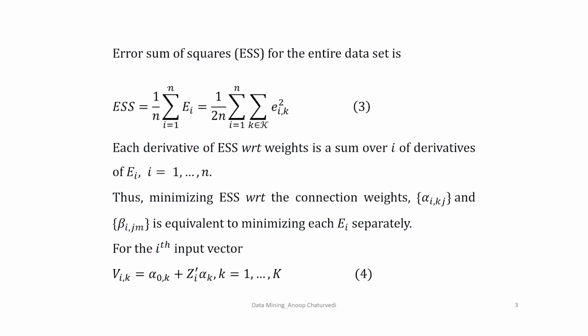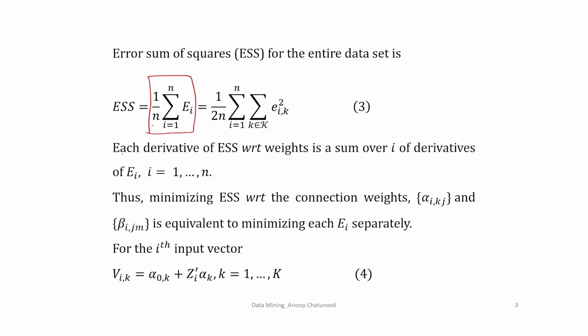Actually, we have n copies of x's or y's, and then we take 1 upon n here, that is, we are taking the average of E_i's over all samples. So, this is the error sum of squares for the entire data set. Then we substitute the value of E_i, which is equal to 1 upon 2 summation of E_ik square, and then we take the summation over k. So, ultimately we get ESS equal to 1 upon 2n summation over i summation over k E_ik square.